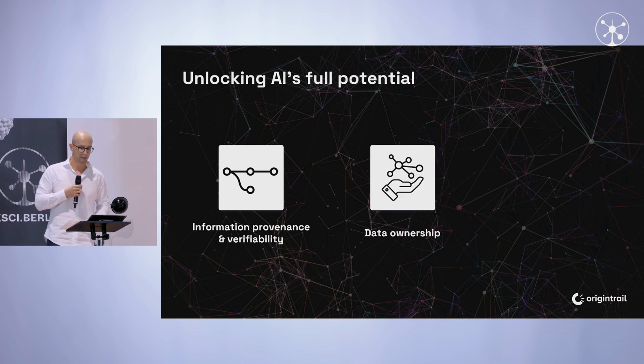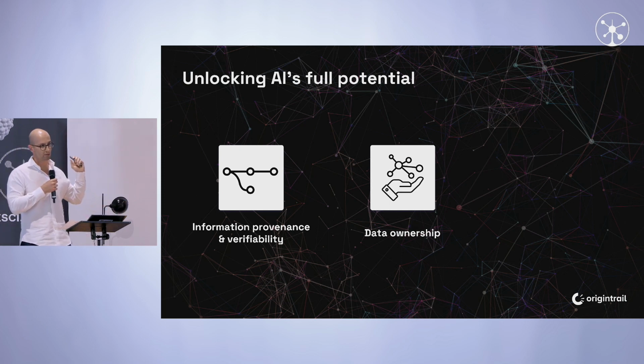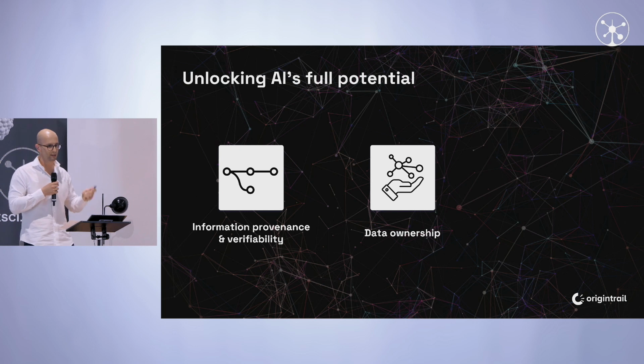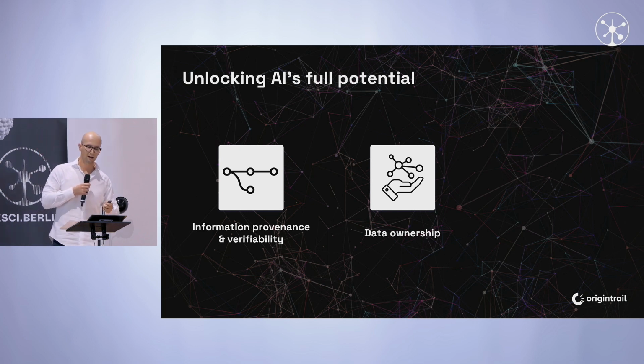The second piece is around data ownership, right? We have challenges with IP protection, with models being trained on data they shouldn't be trained on. Recently, it was just like what, Scarlett Johansson and OpenAI again with some clash, right? So the infrastructure that supports AI needs to have data ownership built in, so everybody gets what they're due, right?